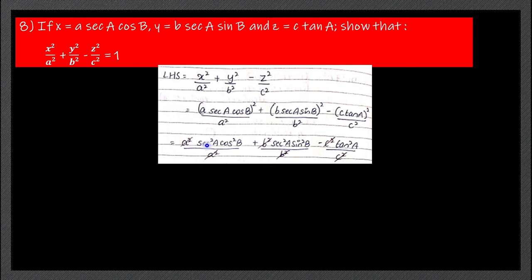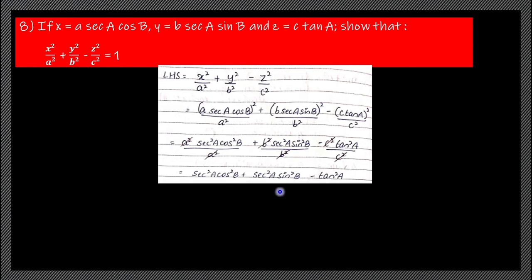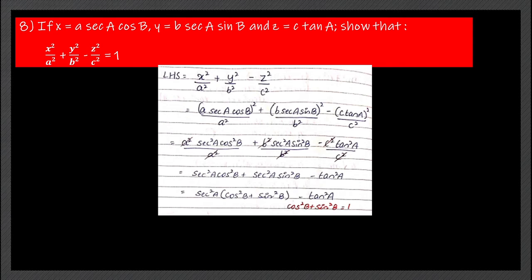Right, you all have understood. A square and a square get cancelled, b square and b square get cancelled, c square and c square get cancelled. Later on, everyone gets stuck after getting this value. We are not supposed to get stuck after getting this value. It's so simple, as told, secant square A is written as 1 by cos square A.